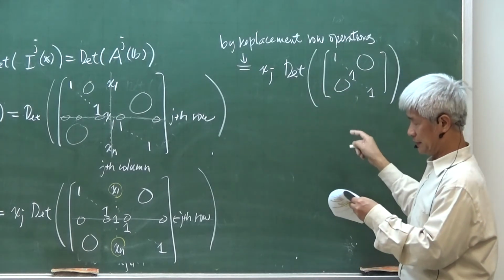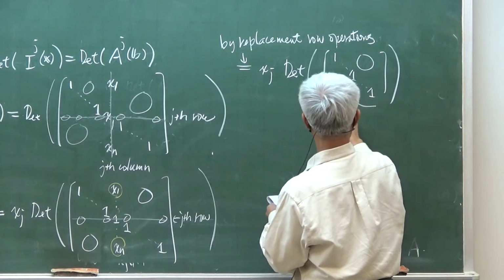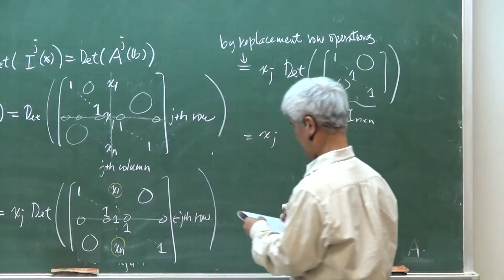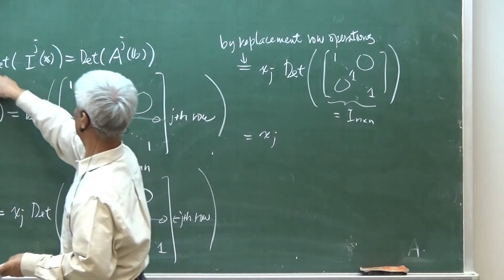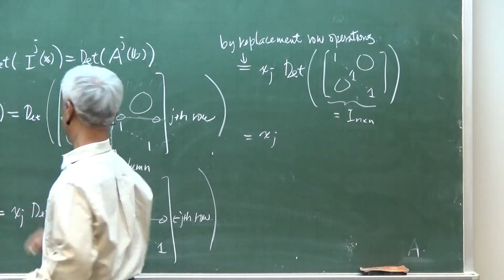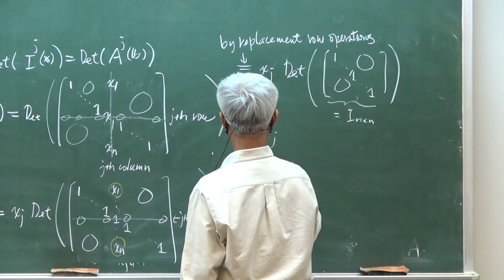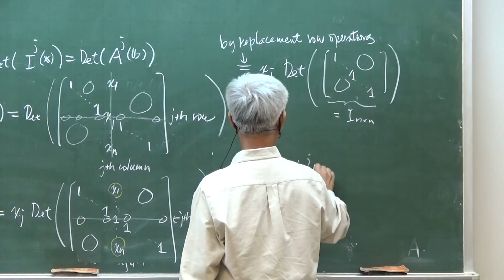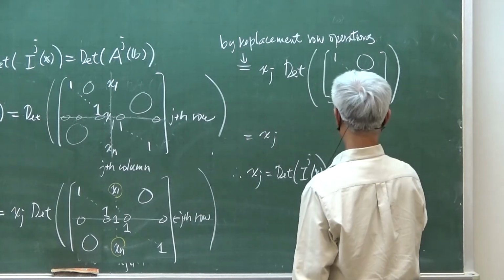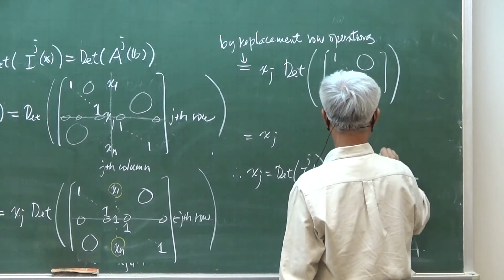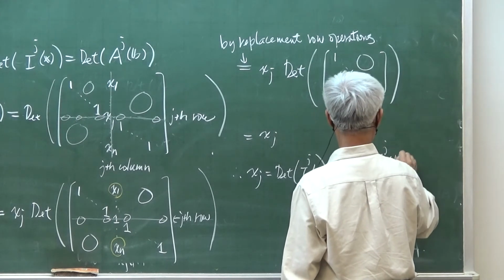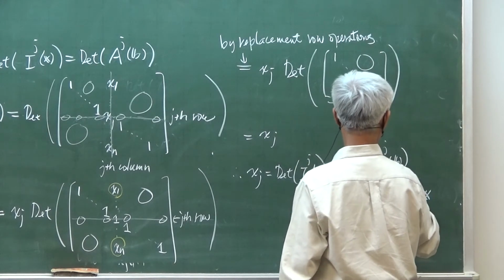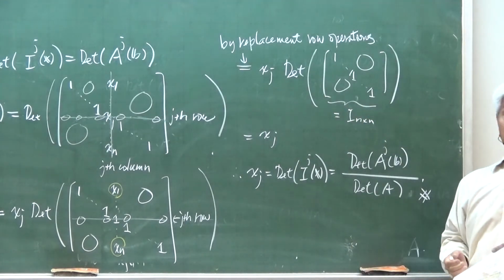So this is the identity matrix, and so this is x_j. Finally, x_j is the determinant of I_j(x), which is just the determinant of A_j(b) divided by the determinant of A. This is our conclusion.